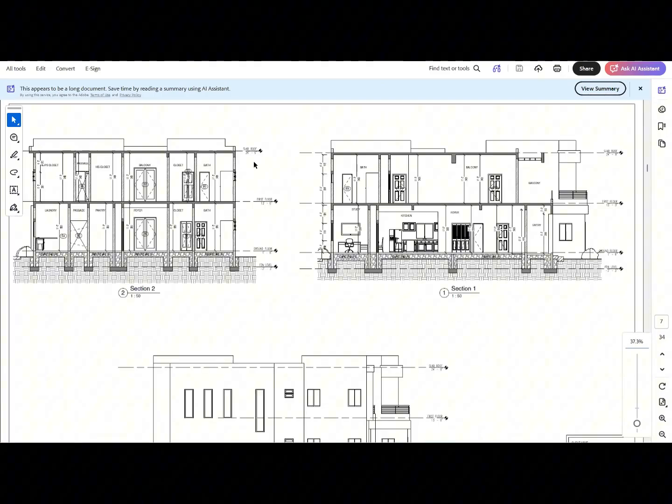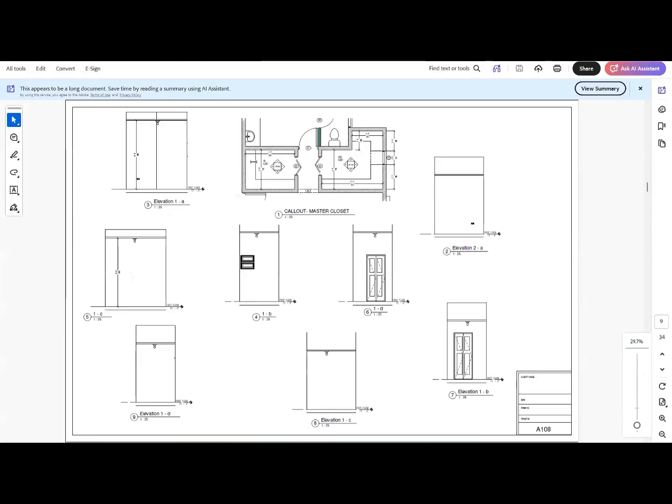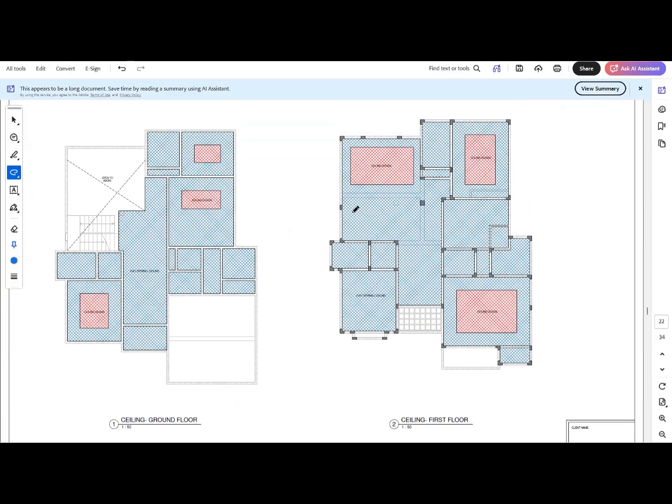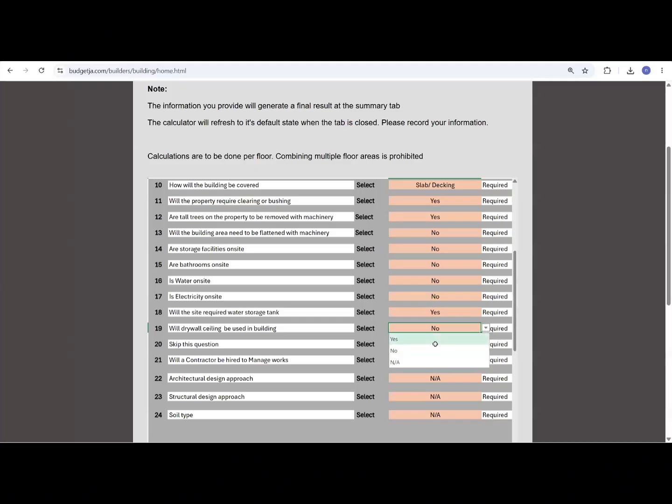But if you go through the drawing long enough, you will find that they have actually indicated ceiling design, especially in the interior. So in this case, though it's not showing on the sections, if you look through the drawing long enough, you can identify that this building requires ceiling. So using a drawing like this, the answer should be yes.